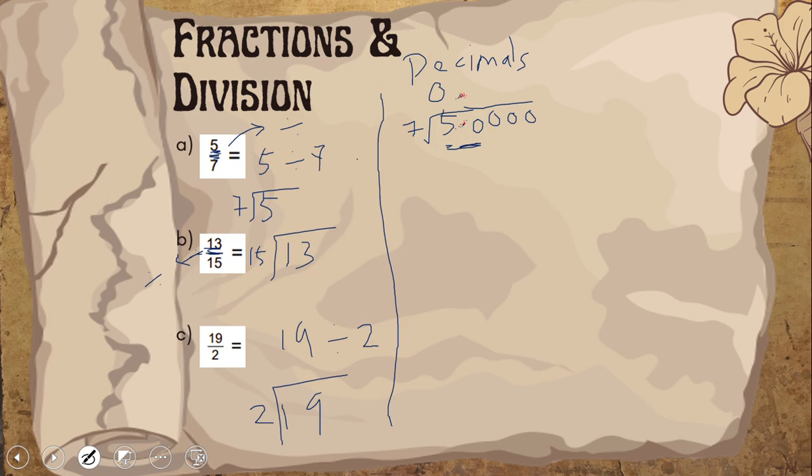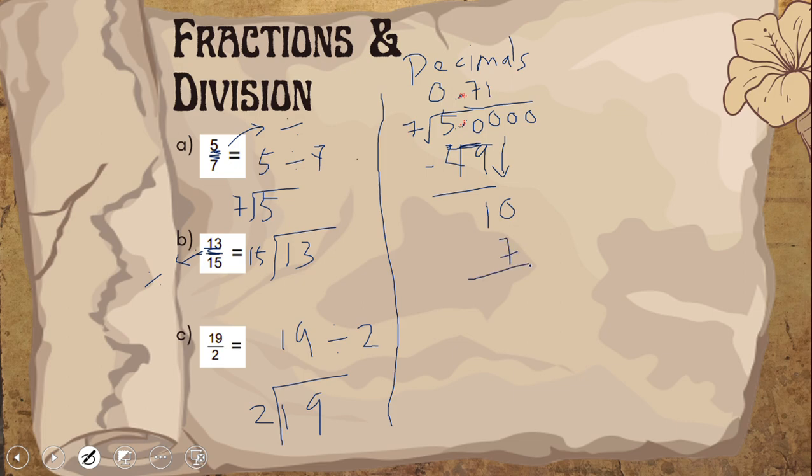So 50 divided by 7, we know in the 7 times table we have 49. So we can use 49. How do we get 49? It's 7 times 7. So we put 7 at the top. We minus these two numbers and get 1. The next 0 we move down, it becomes 10. 10 divided by 7 we get 1.